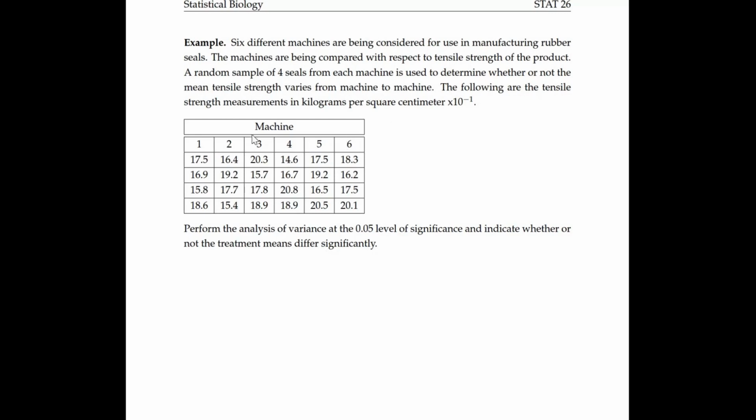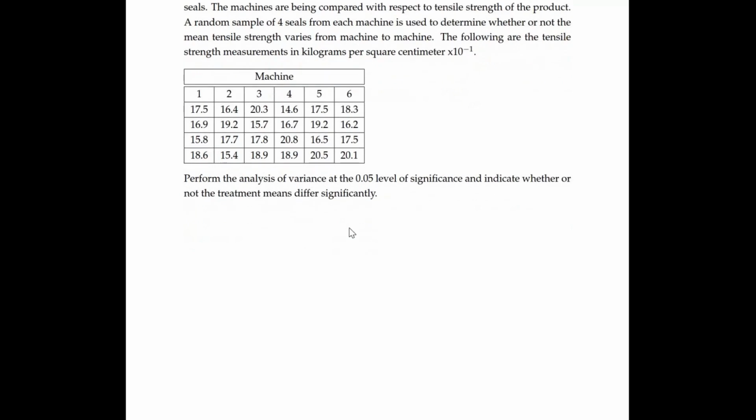So the following are the tensile strength measurements in kilograms per square centimeter. So we have the following data here. So perform the analysis of variance at 0.05 level of significance and indicate whether or not the treatment means differ significantly. So let's try.